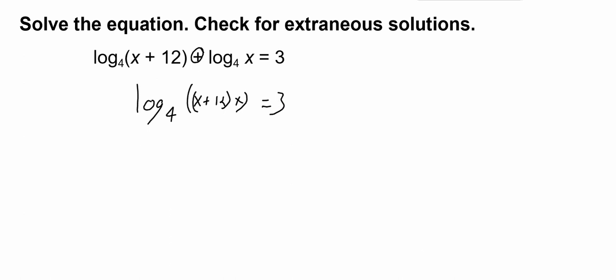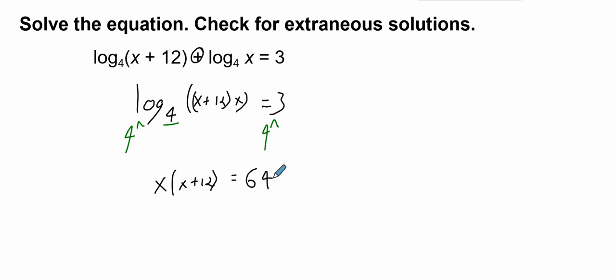I'm going to raise both sides to the 4th power, recognizing the base of my logarithm is 4. That'll cancel out the logarithm on the left, so I'm just left with x times x plus 12 equals 4 to the 3rd, which is 64.